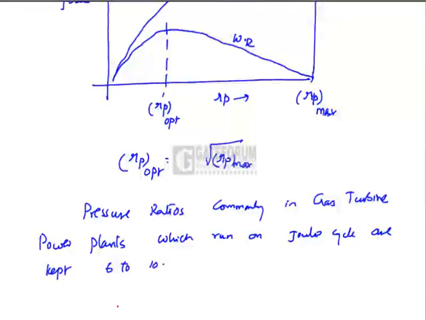For such pressure ratios, the suitable compressor is a centrifugal type compressor or a multi-stage axial flow compressor.